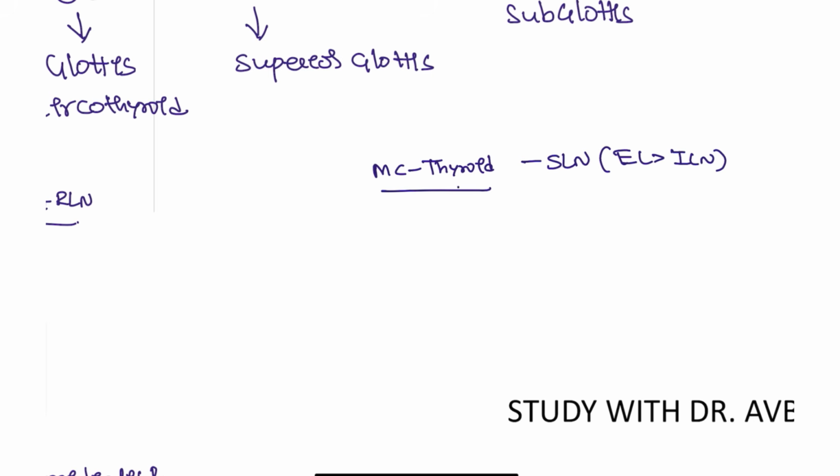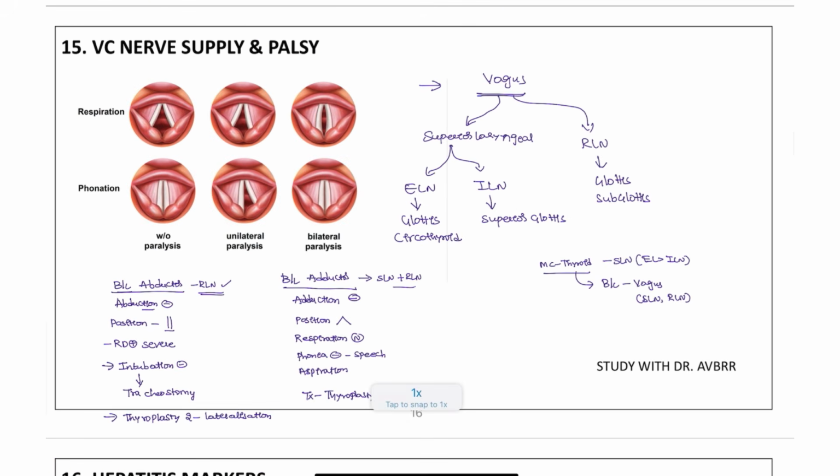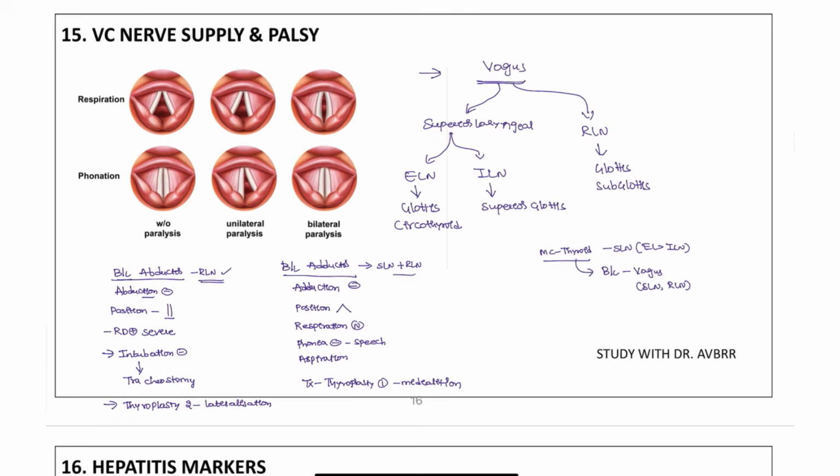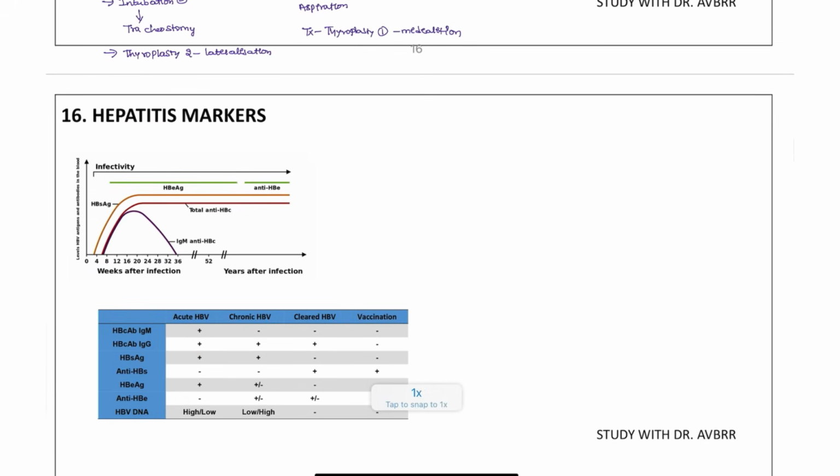And if it is bilateral, then it is the vagus nerve. So it will include the superior laryngeal nerve plus recurrent laryngeal nerve, right? So this is how vocal cord palsy and their supply work. Next, hepatitis markers.